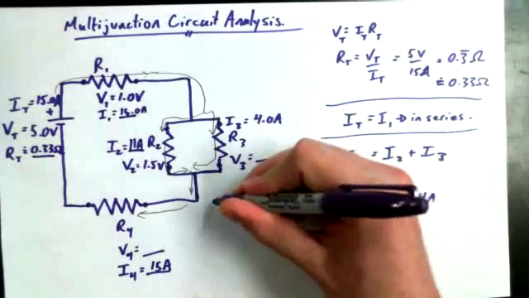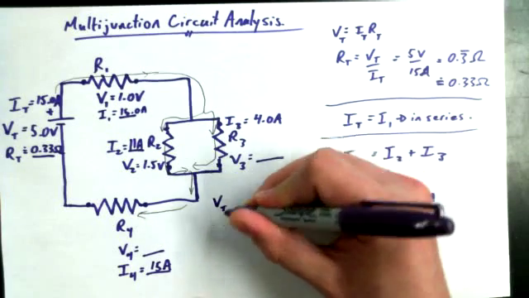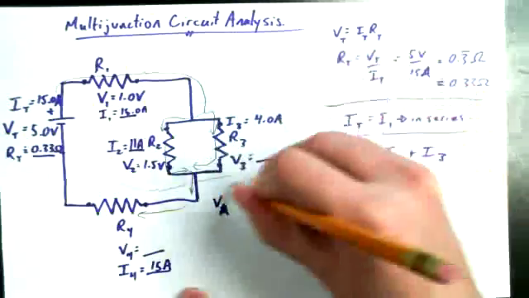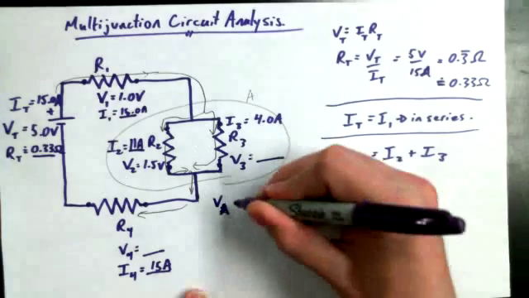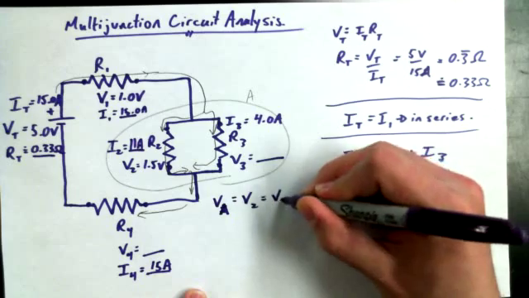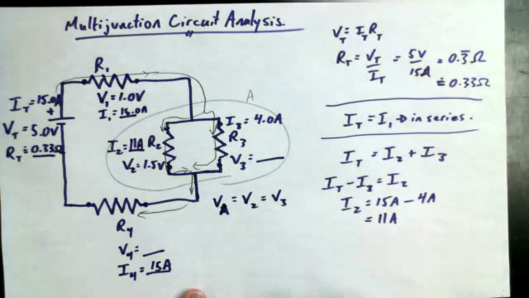So in this case, the voltage for the entire junction, we can call it V total for the junction, or we can call it VA. Let's call this junction A. Junction A. VA would be equal to V2, which is equal to V3, because it's a parallel junction, and so V3 must be equal to 1.5 volts.